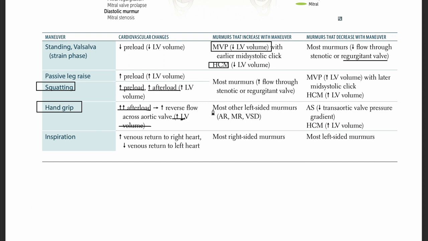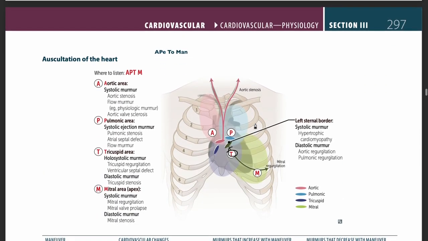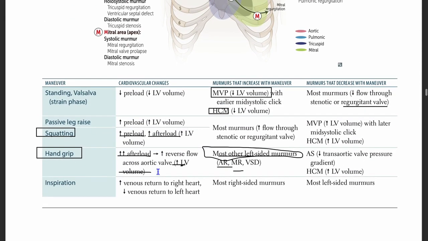But yeah, okay. So most other left-sided murmurs, why left-sided? Because those are the ones getting affected due to the resistance. Right. So aortic regurgitation, mitral valve regurgitation, and ventricular septal defect. Even though remember, they said that this is on the left-sided murmurs, but it's actually on the right side you hear it, under tricuspid, ventricular septal defect murmur, holosystolic.